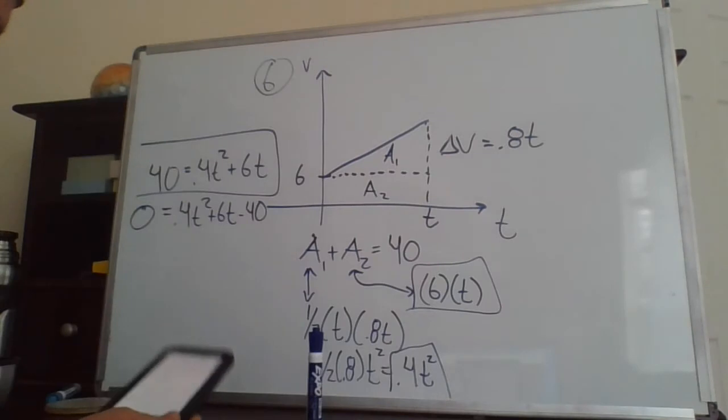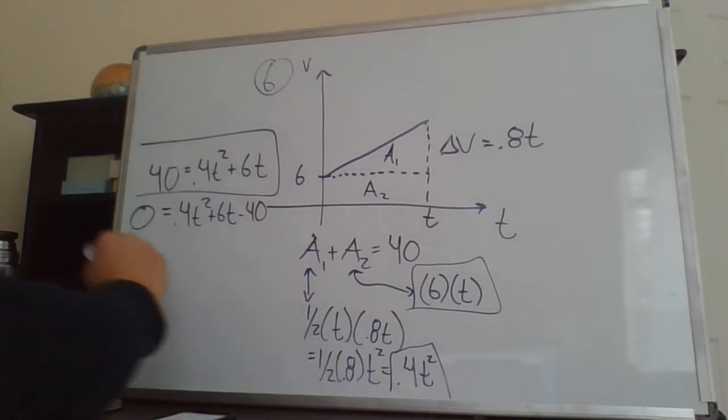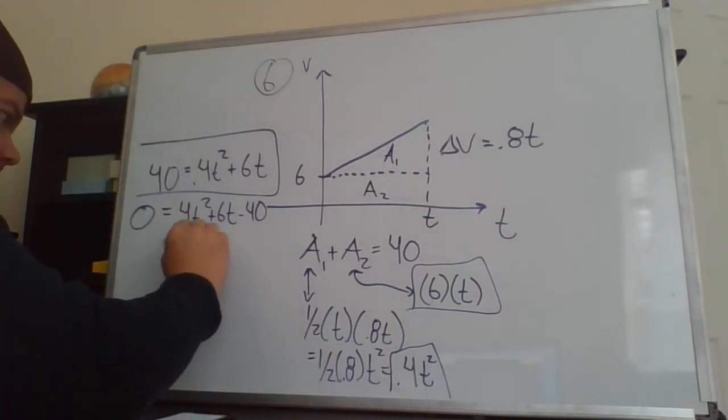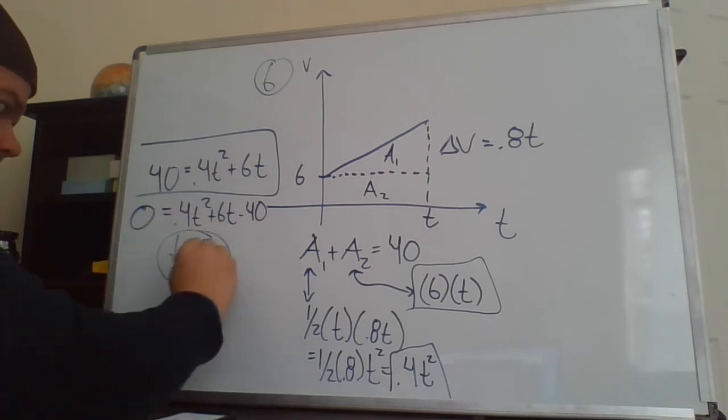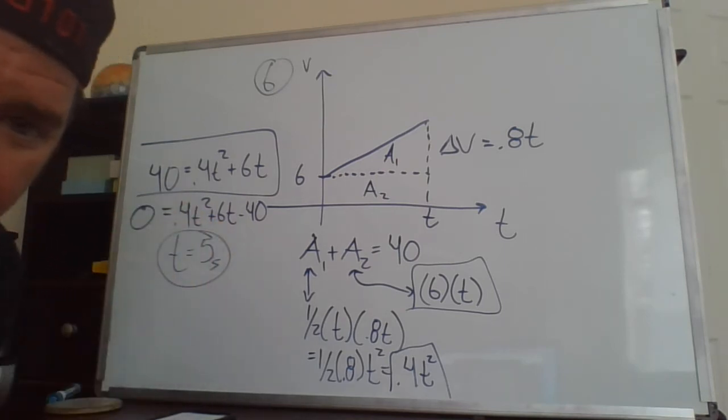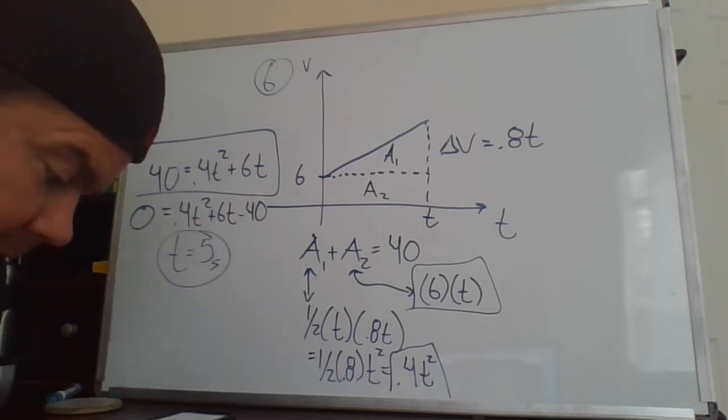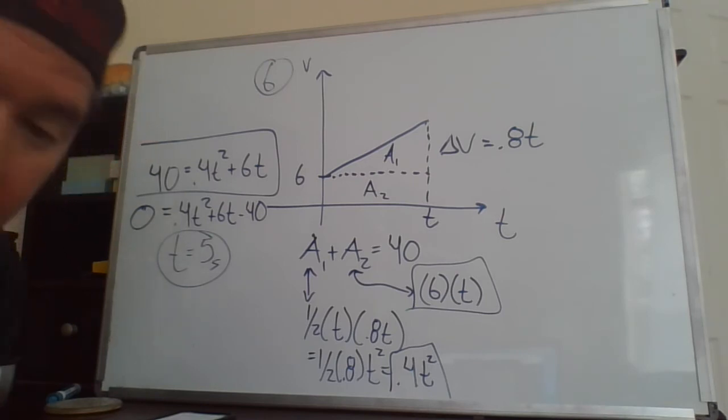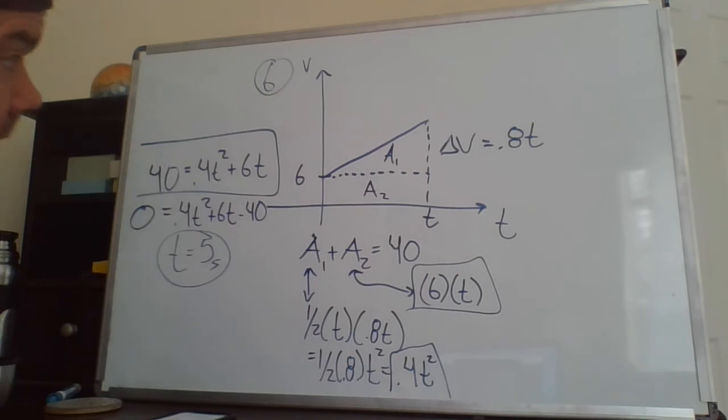Okay, so what that means is t equals 5 seconds. That's the amount of time that this person takes when she rolls down the sidewalk, a total of 40 meters. So again, there's a lot going on here.